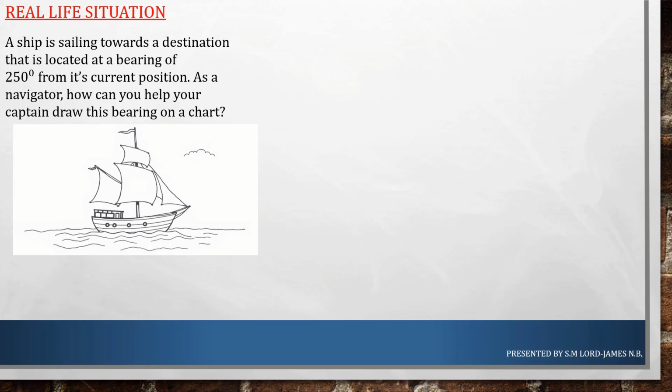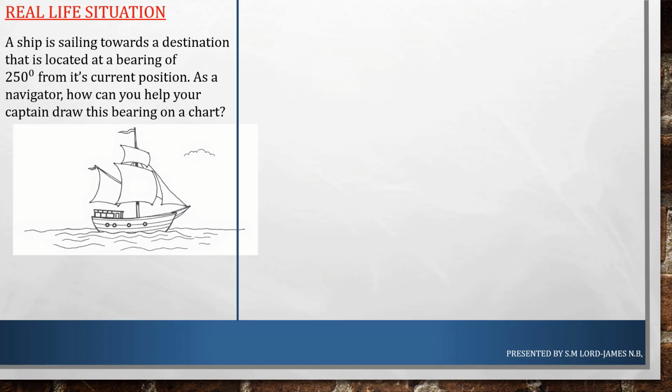Now, going back to the real life situation, it said a ship is sailing towards a destination that is located at a bearing of 250 degrees from its current position. As a navigator, how can you help your captain draw this bearing on a chart?